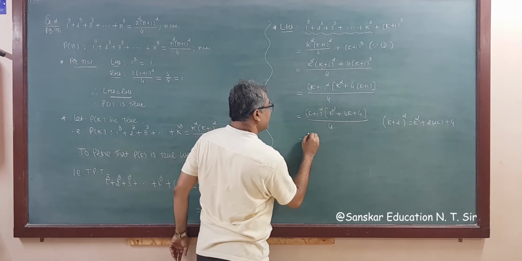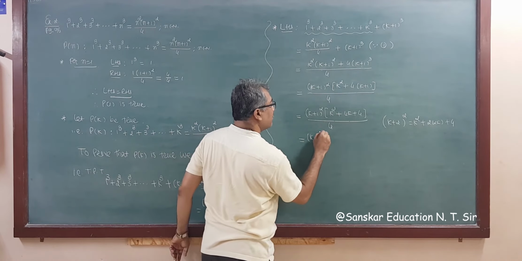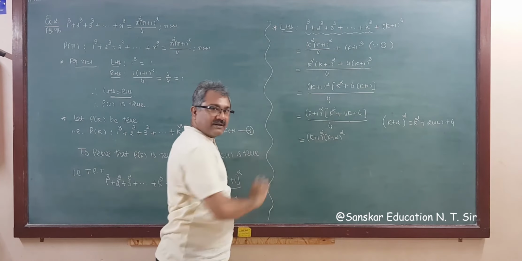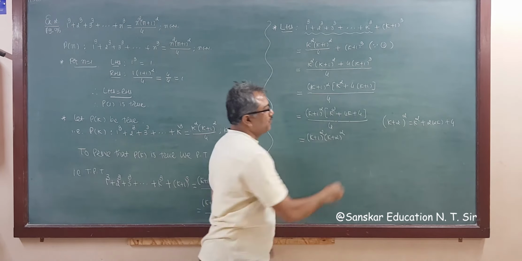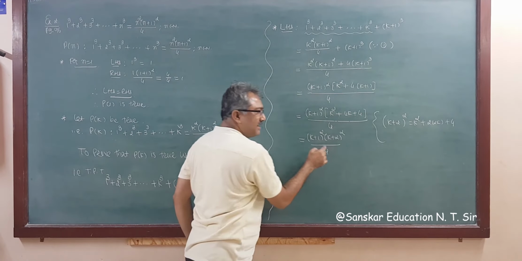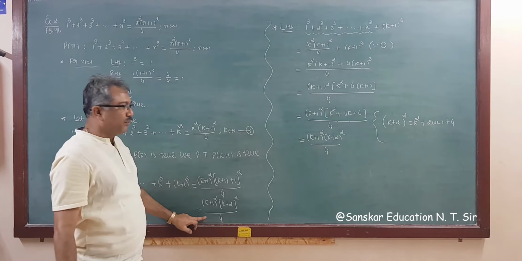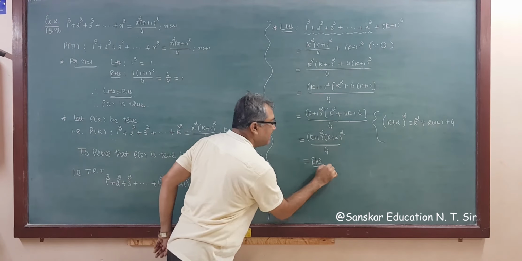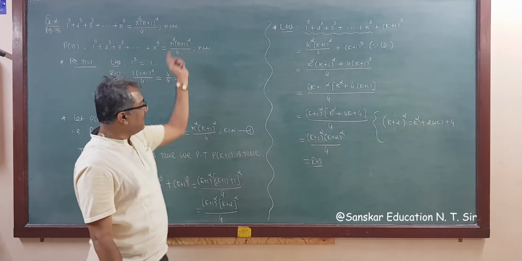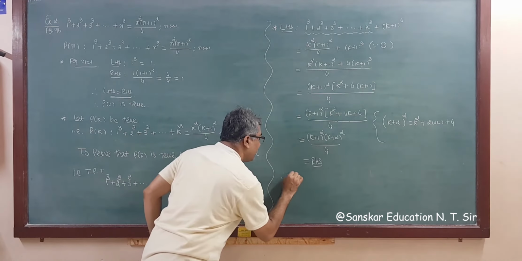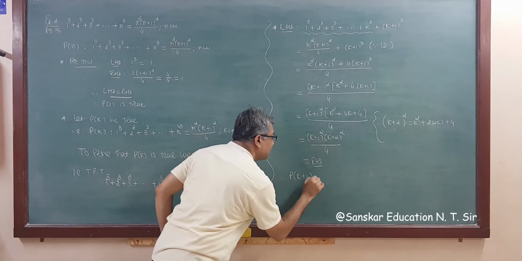So this is k plus 1 whole square, this is k plus 2 whole square, and divided by 4. This is what you want to prove. So that means this is your right hand side, and right hand side means Pk plus 1 is true. So therefore Pk plus 1 is true.